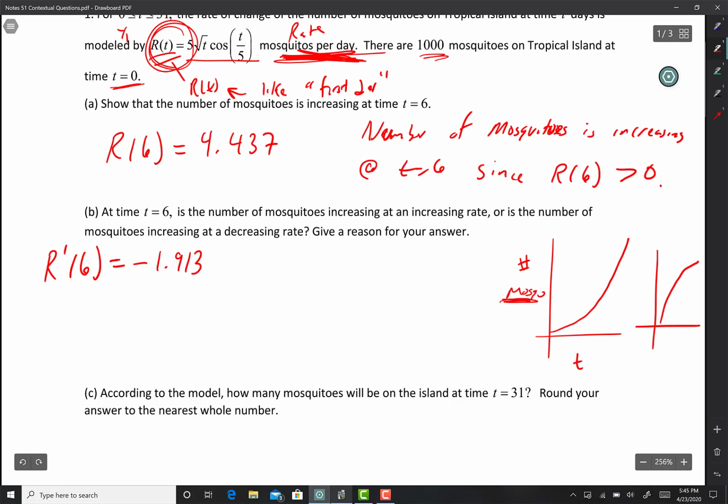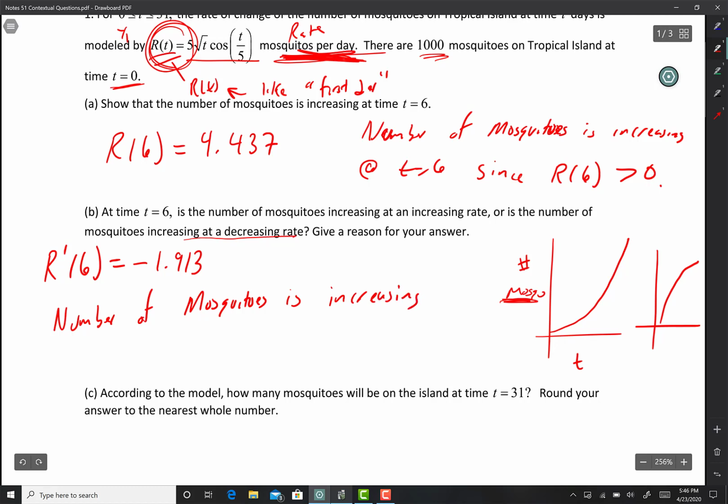1.913. And then I'm going to say, I'm increasing at a decreasing rate since R prime of 6 is negative. So I'm going to write: number of mosquitoes is increasing.